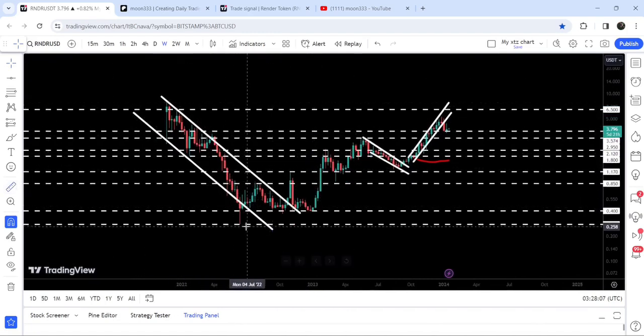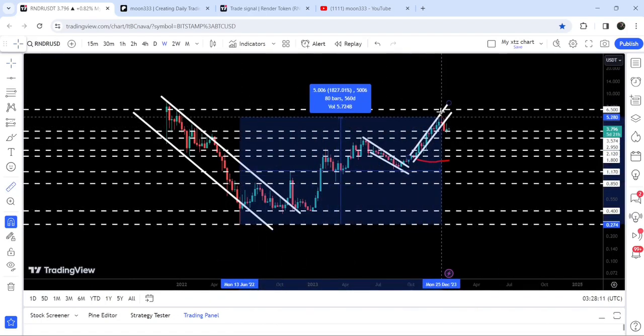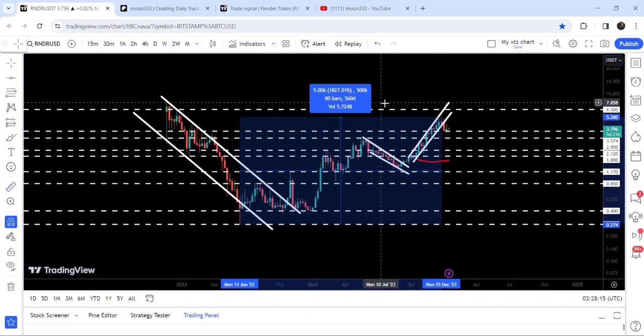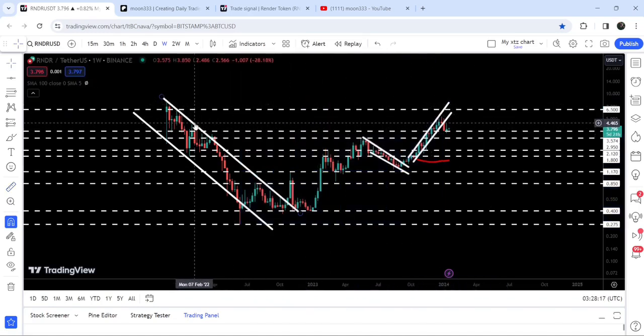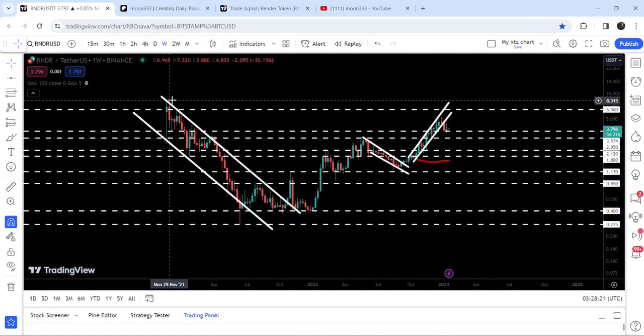And if I place this measurement tool from this low to this high, then you can see that so far it has rallied more than 1,827%. And still, there is a big move due. That is the target for this breakout from this down channel. And that target is here at the top of the channel. That can be between $8 to $10.